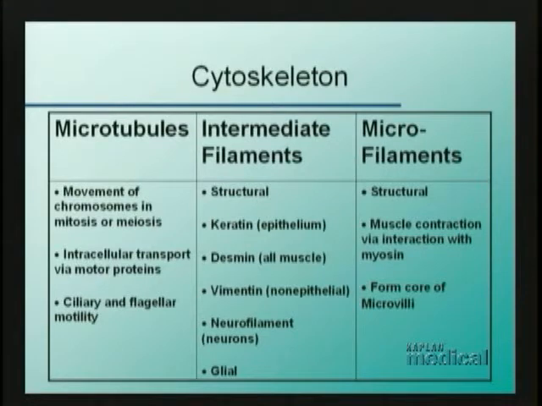As we'll see in a minute, there are a number of tissue-specific proteins that form intermediate filaments, and we'll go over those in more detail in a minute. Microfilaments, basically the main protein in microfilaments is actin, and certainly the best known place to find actin is where it interacts with myosin in a sarcomere. But as we'll see, actin microfilaments also form the core of microvilli.